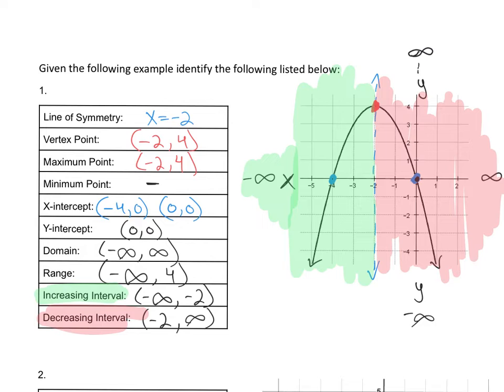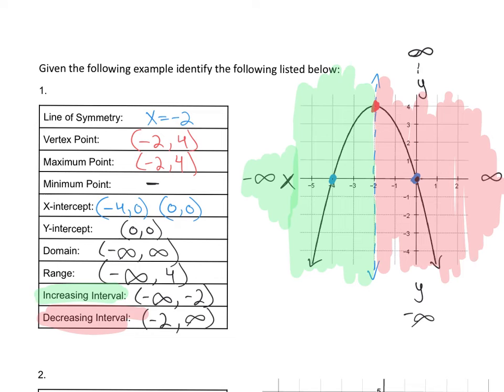The biggest thing with our increasing and decreasing intervals is to always remember you're talking about the intervals of x values. So here we're looking at the horizontal values where the graph is increasing, and the x values where our graph is decreasing.